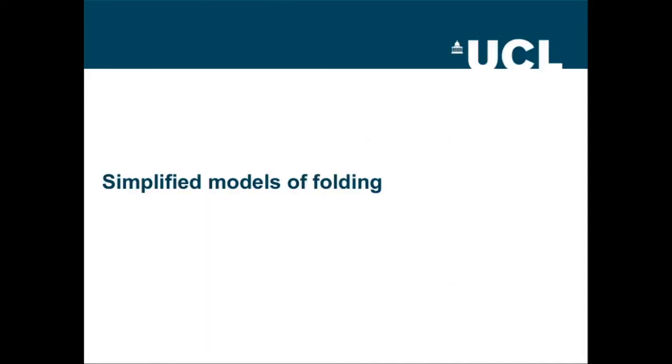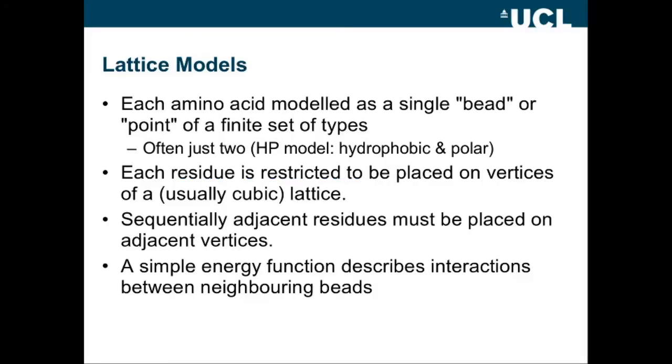But how can we actually apply this to folding? Well, we can use simplified models of protein folding. So the simplest type of model is a lattice model, in which each amino acid is simulated as a single bead or point of a finite set of types. And often that's just done with 2 types.